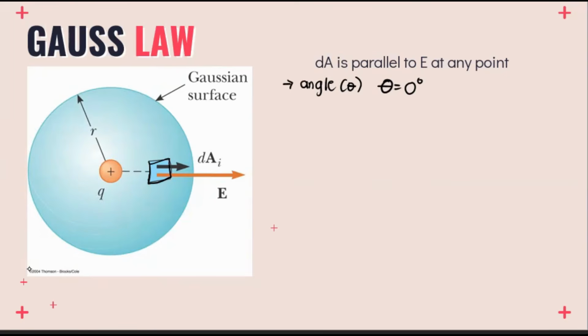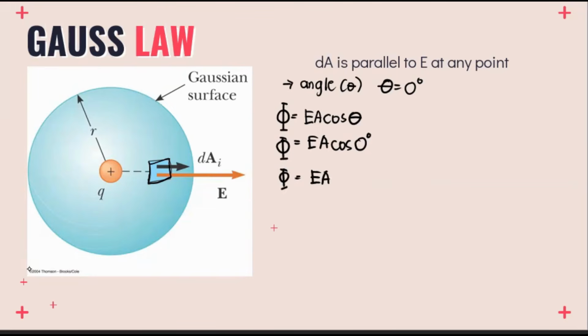So if we are going to use that with our equation of electric flux phi, so EA cosine theta, since dA is parallel to E, so electric flux phi, EA cosine theta, or cosine 0 is equals to 1. So phi is equals to EA. Okay?